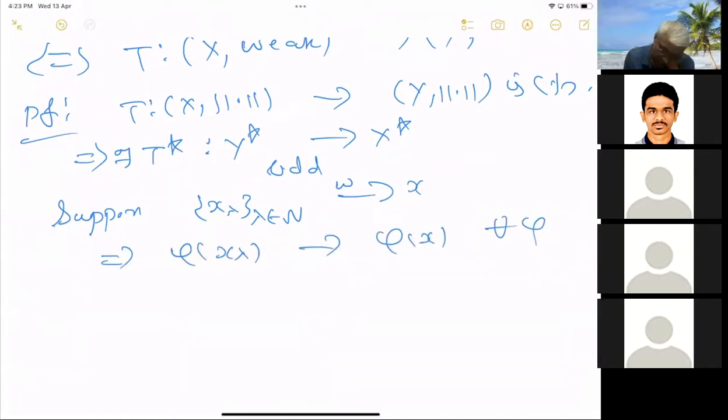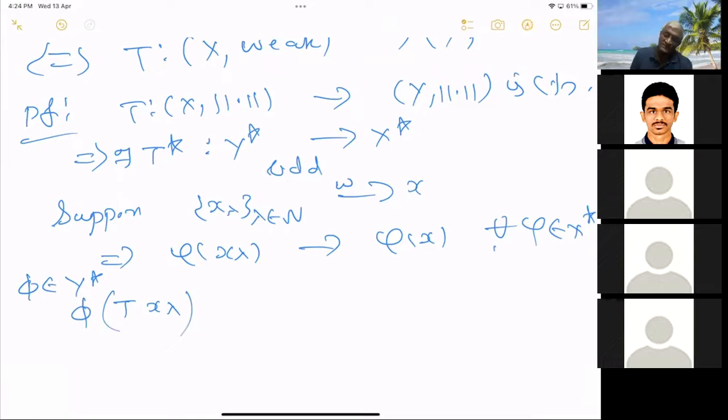Now I have to prove that T of x lambda converges to T of x in weak topology. To prove that, I take phi in Y star, and phi of T of x lambda. I want to show that this converges to phi of Tx.